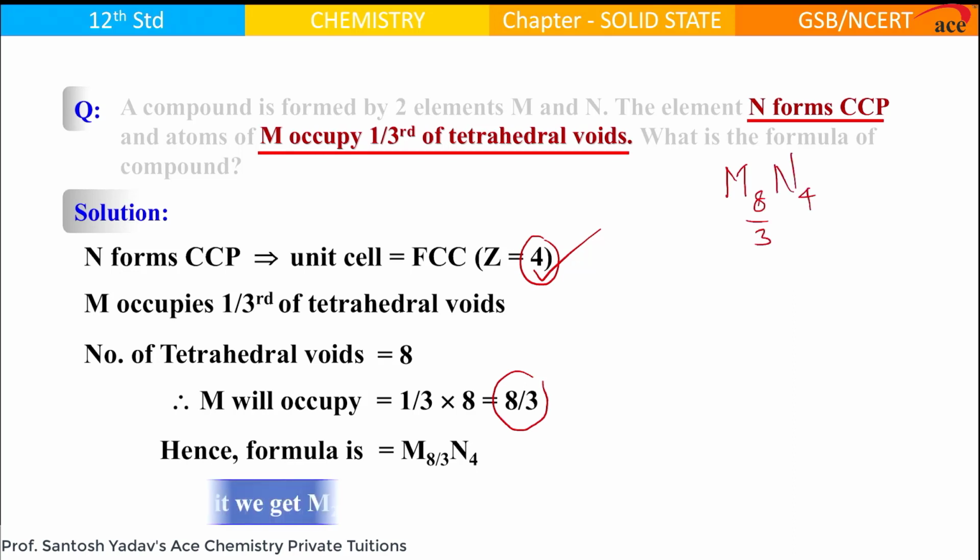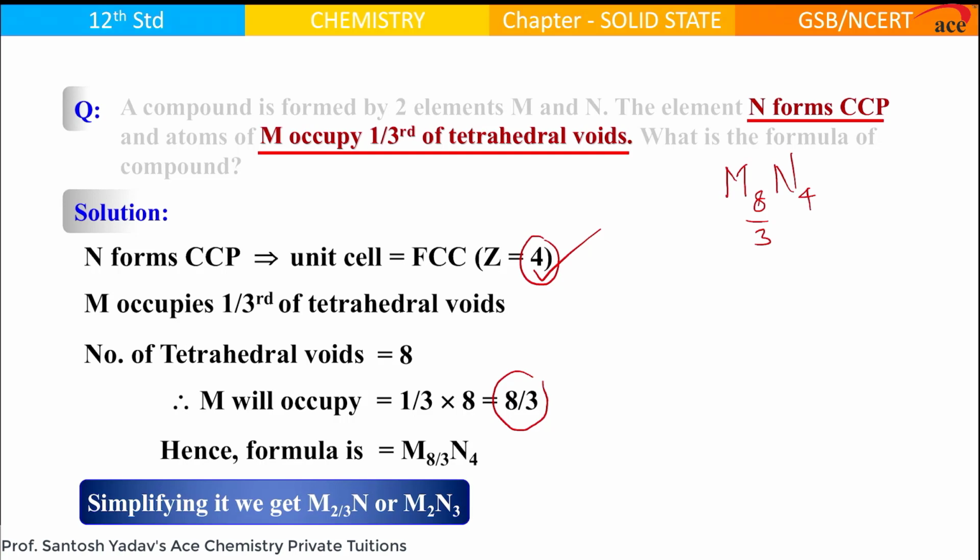If you simplify and do the calculation, you will get M2 N3. First you multiply by 3. If you multiply by 3, you will get M 8, N 4 multiplied by 3. Divide both by 4, and you get M 2 and N 3. So the formula will be M2N3.